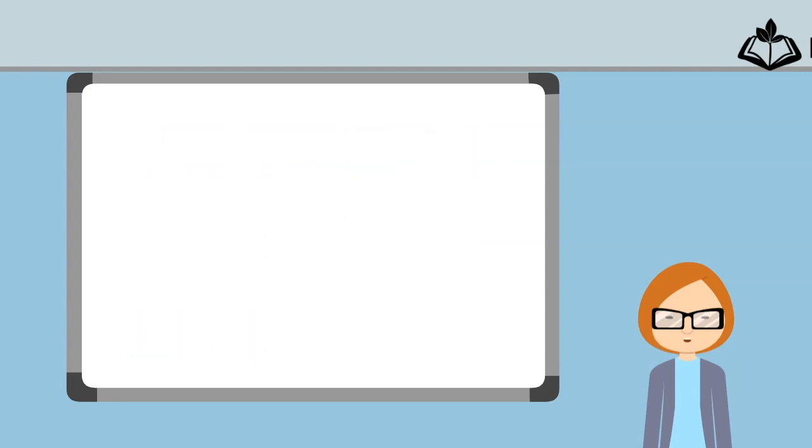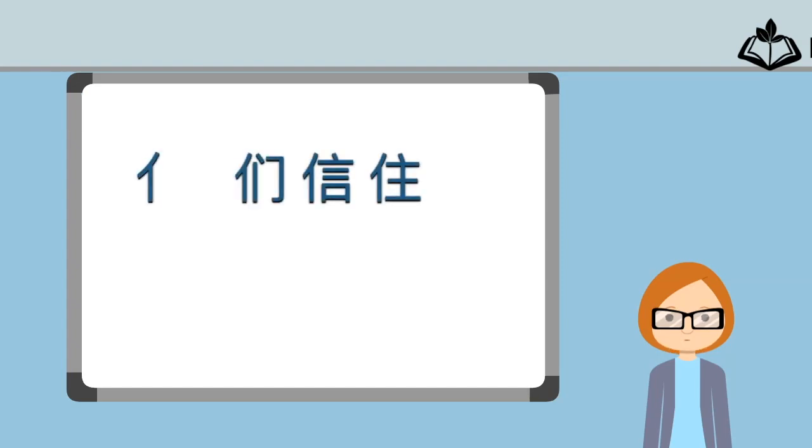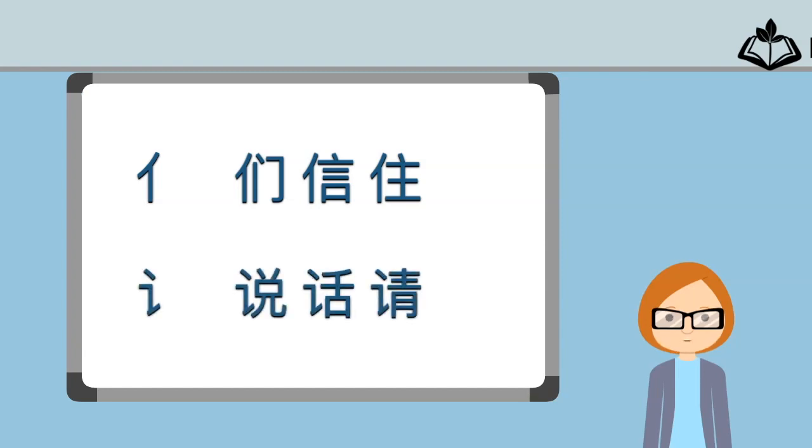The second thing we did not touch at all is radicals. Many people love to use some easily identifiable radicals to teach Chinese characters, such as the person radical, and then 门, 信, 住, or the speech radical, and then 说, 话, 请.